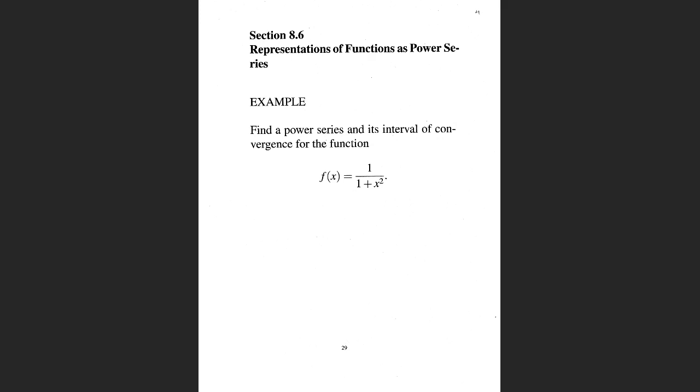For what values of x does the power series converge? That's your interval of convergence. And the intervals can be open on the left and the right endpoints. They can be closed on the left and the right endpoints. You can have one endpoint that's open, the other endpoint that's closed.